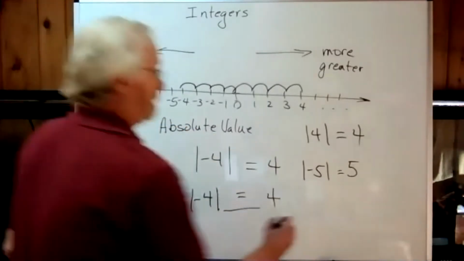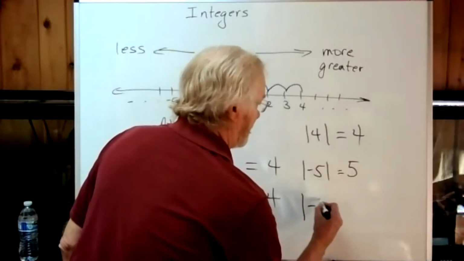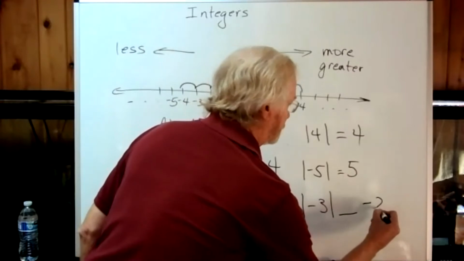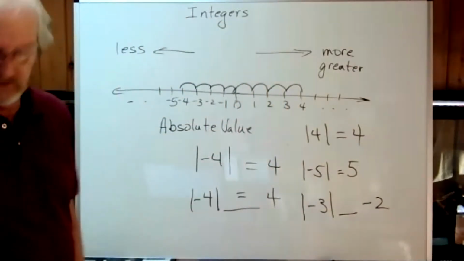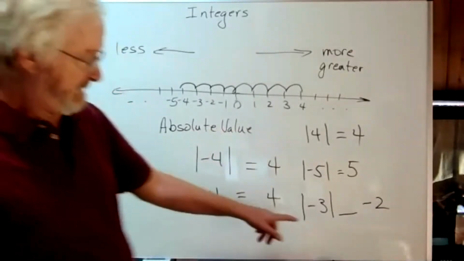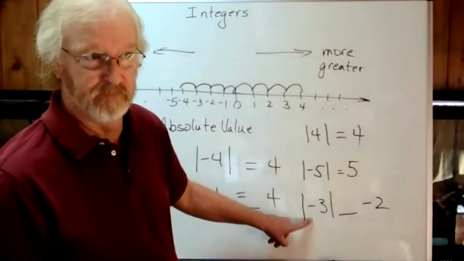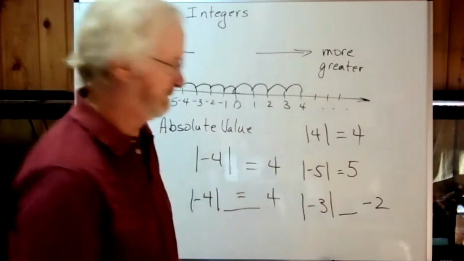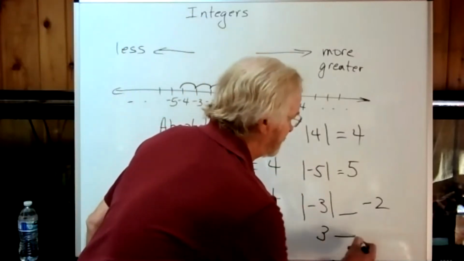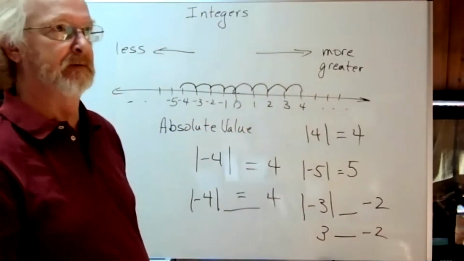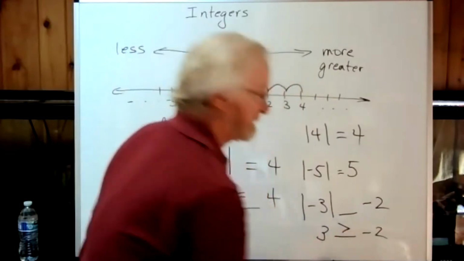I guess I could do the absolute value of -3 and -2. Think carefully, evaluate it. What is the absolute value of -3? How far out from 0 is -3? 3. Now you're just asking which one's bigger, 3 or -2? Duh, right? The 3 is bigger.